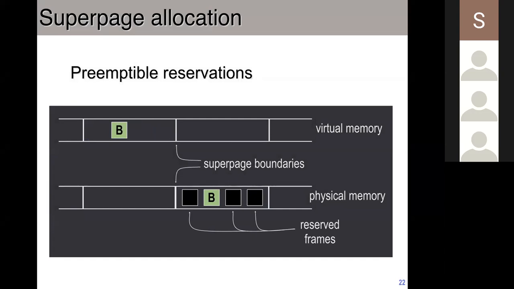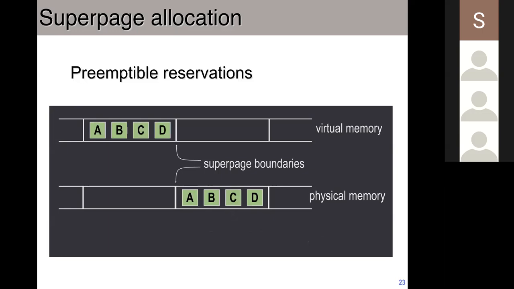So B was there, it was marked as a base page. So it was occupying a page table entry and a TLB entry as a base page. And the operating system had marked somewhere that I'm not going to allocate the neighboring base pages to any other virtual page number other than the ones near B. Okay, so that's all. We didn't actually create the super page. B wasn't occupying a super page to begin with. It was just a base page, right?